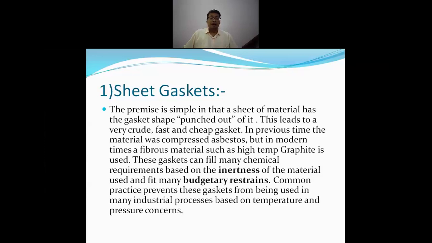That can be taken care of by these filling materials. Common practice prevents these gaskets from being used in many industrial processes where you require sophistication, or where your processes are hazardous. There you avoid these simple sheet gaskets.